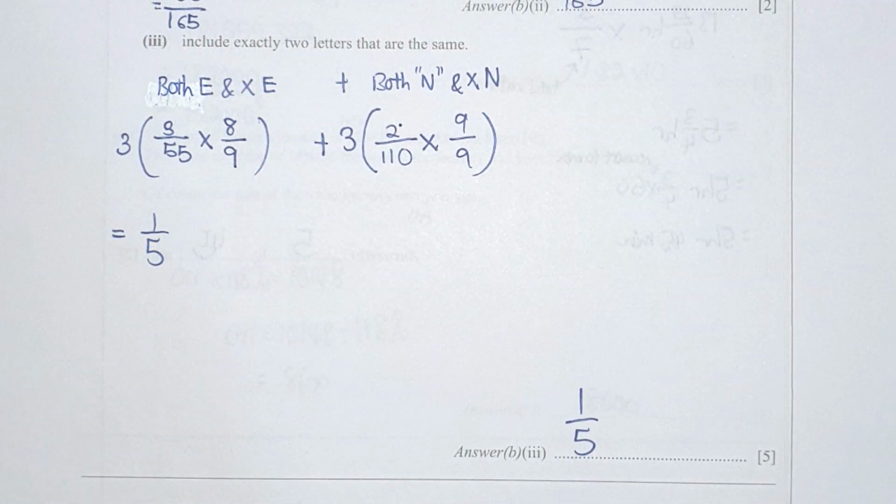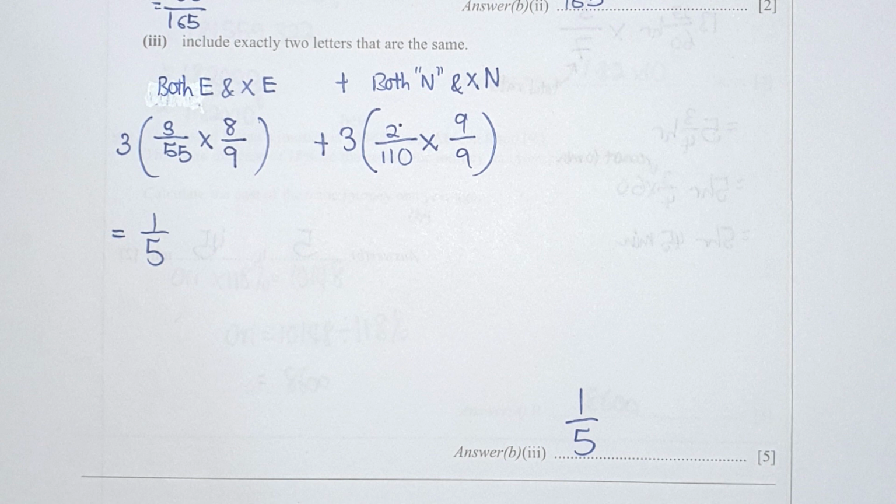Question number 3. Include exactly 2 letters that are the same. So it will be both E with not E plus both N with not N. So both E will be 3 over 55 times 8 over 9.